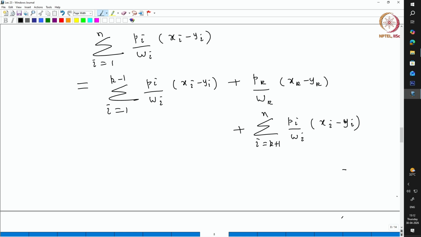Why did I break this into 3 parts like this?